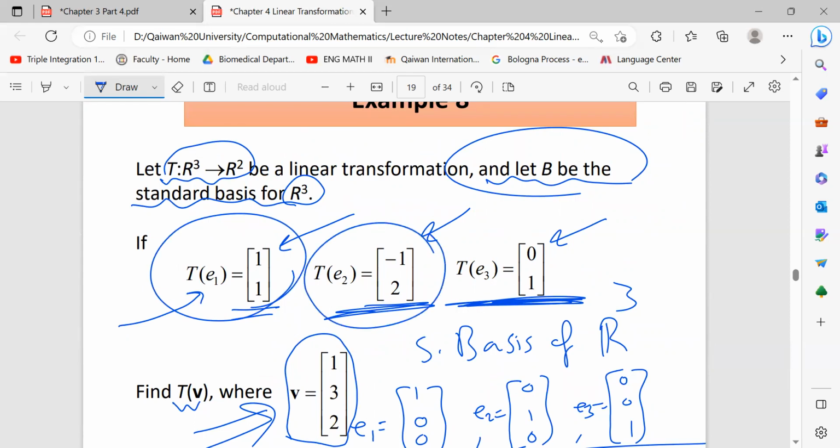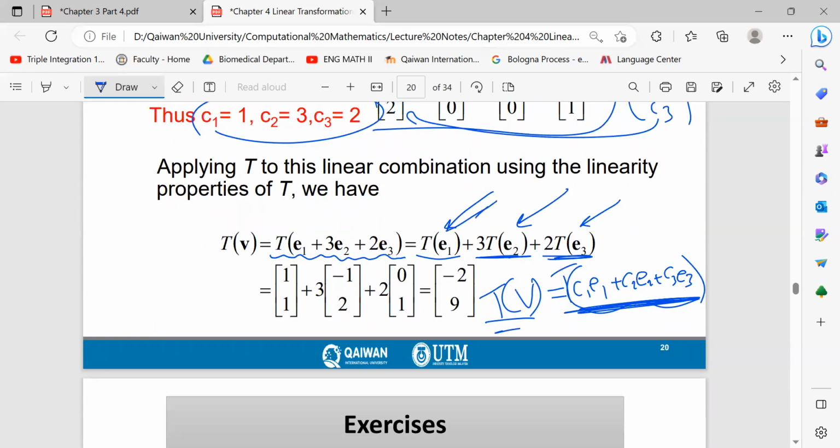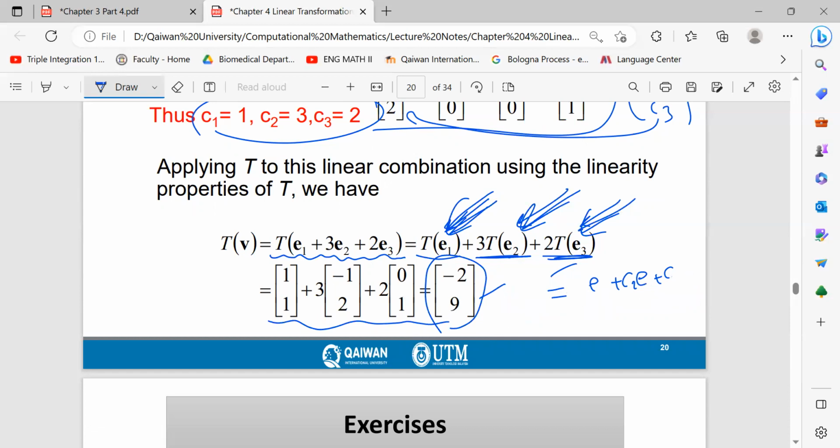T of E2 is (-1, 2). T of E3 is (0, 1). We just substitute these three here, and we get this, which is 2 and -2 and 9. That means T of V is (-2, 9).